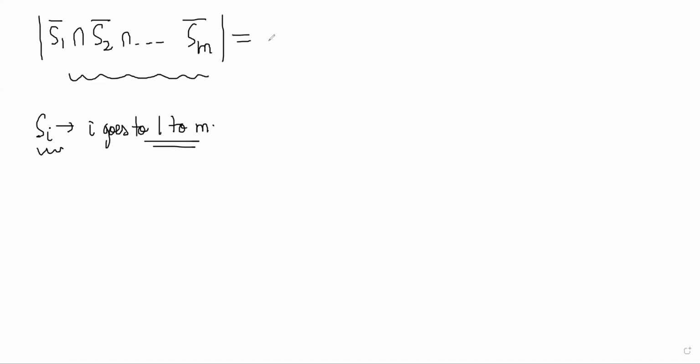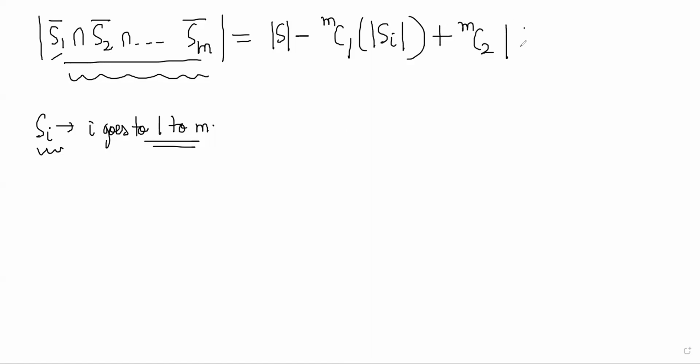By the inclusion exclusion principle, this will be this minus all the different ways in which only one term at a time you will take. So that will be mC1, which is basically m terms, and mod of Si, right? And then it will take two at a time, so mC2 mod of Si intersection Sj, right?